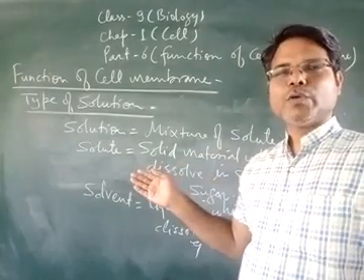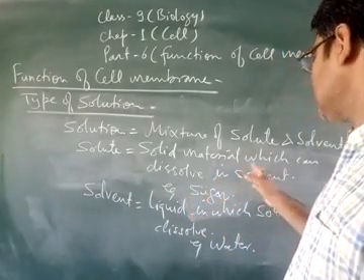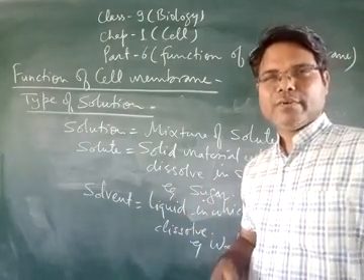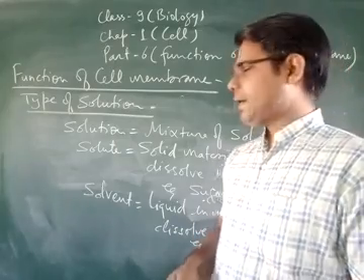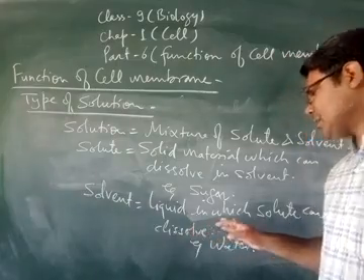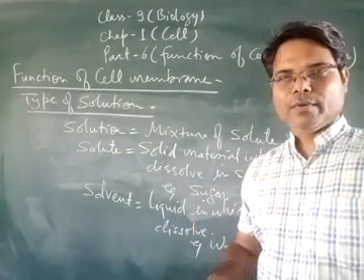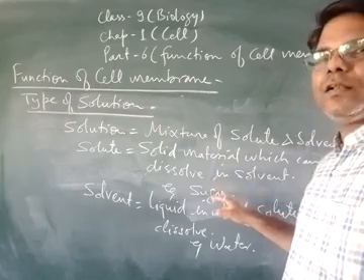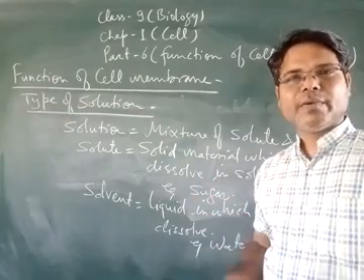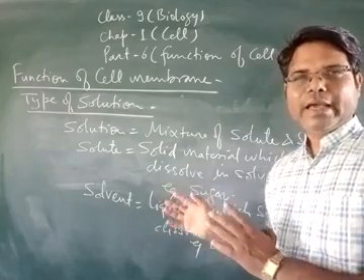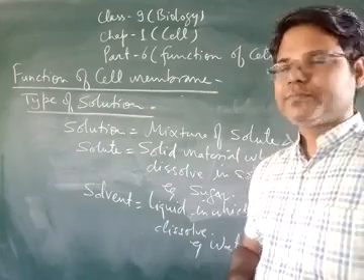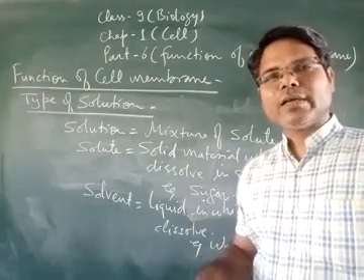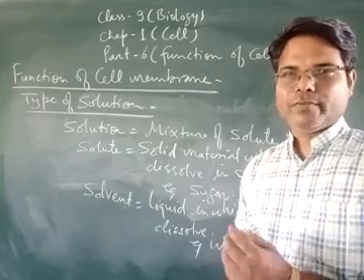Now solutes are those materials which can dissolve in solvent, and solvent is that type of material in which solute can be dissolved. So what is an example of solute? Any solid material, such as sugar, which can be dissolved in liquid is called solute, and solvent is that type of liquid in which any solute can be dissolved.